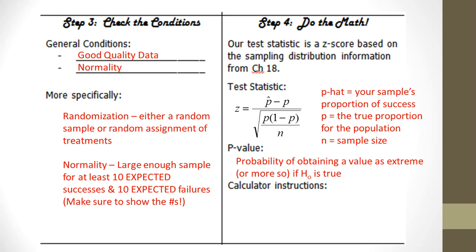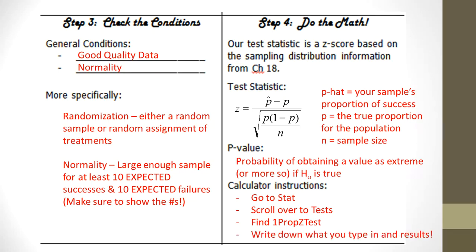We're going to be looking at our calculator to gather this information for the most part. So like with our confidence intervals, we're going to be going to our stat button. We're going to be scrolling over to tests. This test is called the one prop z-test or one proportion z-test. And like before, make sure you write down what you typed in and don't forget to write down your final results as well.